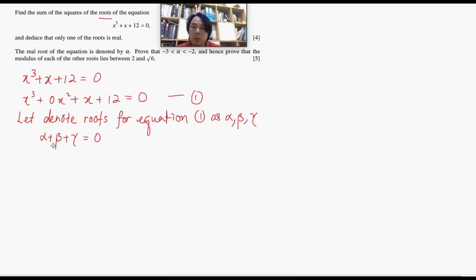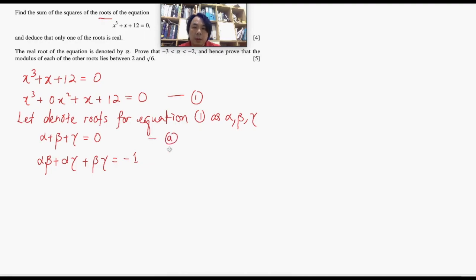And then next, we also know that the sum of the products, which is alpha beta, alpha gamma, and beta gamma, is -1.